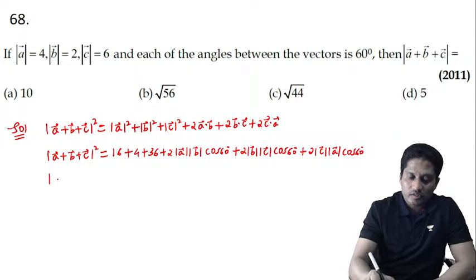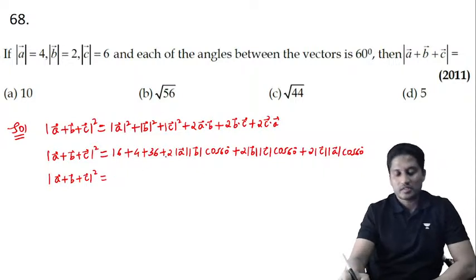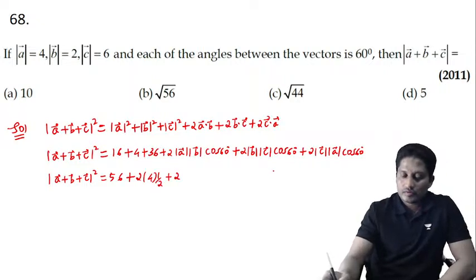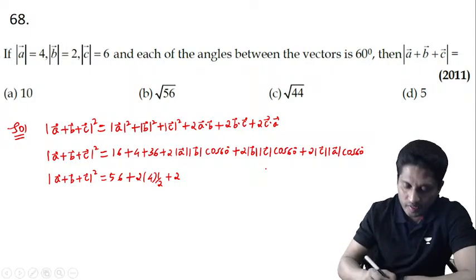Right, so this is modulus of A plus B plus C the whole square is equal to 16 plus 4, 20, 20 plus 36 is 56, right? Plus 2 times modulus of A is 4 into half plus 2AB, right?